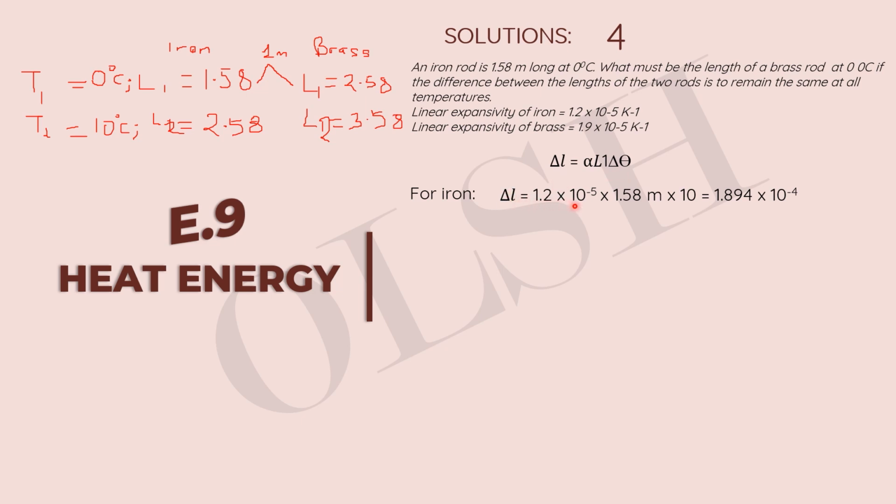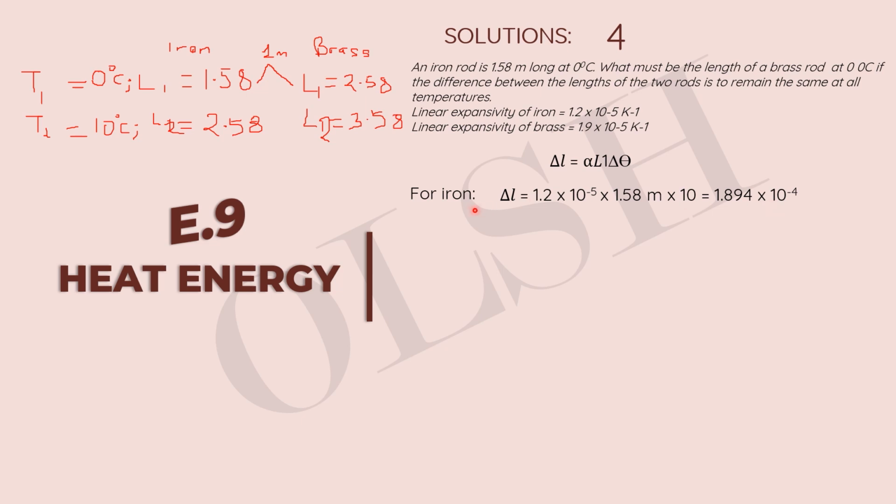So we bring in our variables, 1.2 times 10 raised by minus 5 for iron, then L1 1.58 times our assumed change in temperature. All right, so if we multiply that out, we have 1.894 times 10 raised by minus 4.